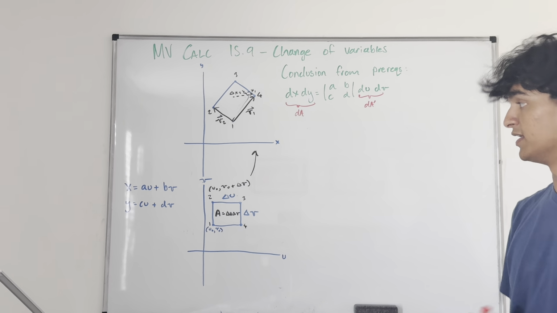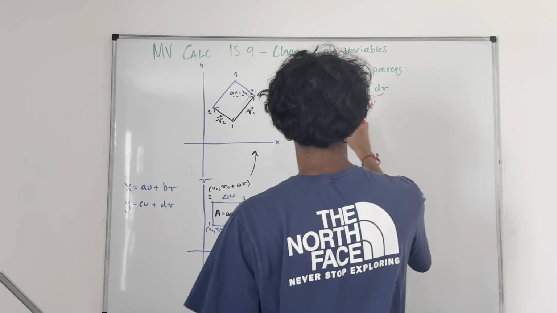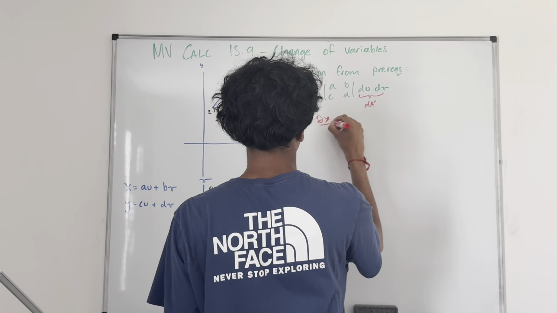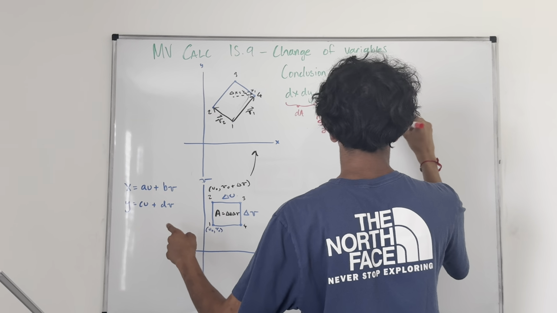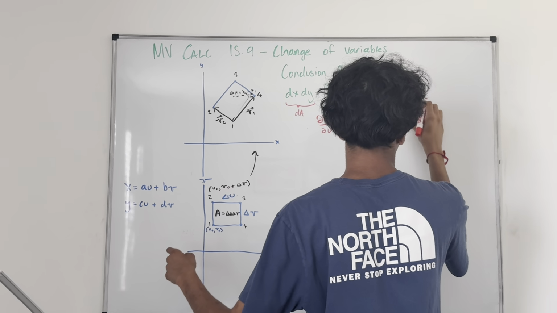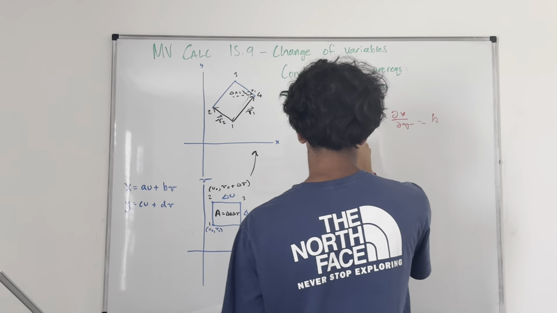And this determinant, if you notice something, if we look at these equations of transformation, what's partial x, partial u? That's just equal to a. What's partial x, partial v? That's b, because these are linear equations.